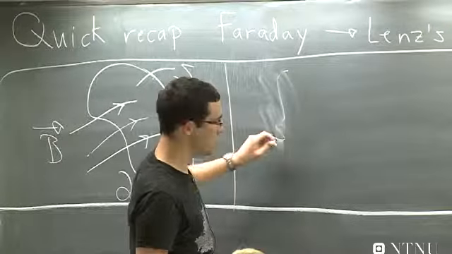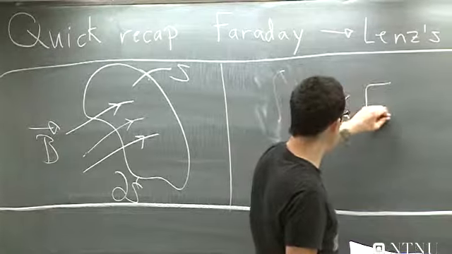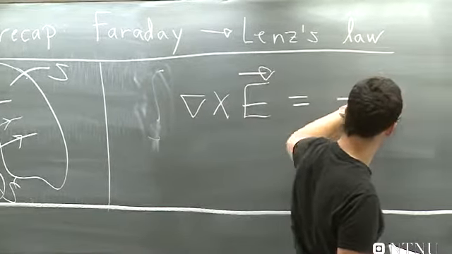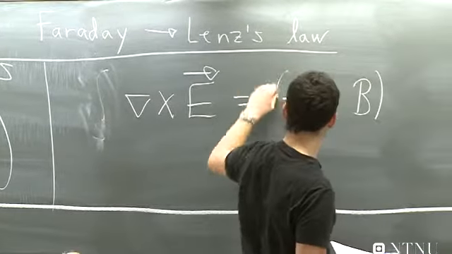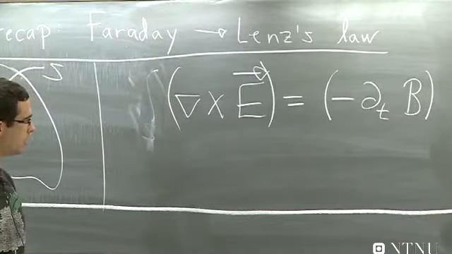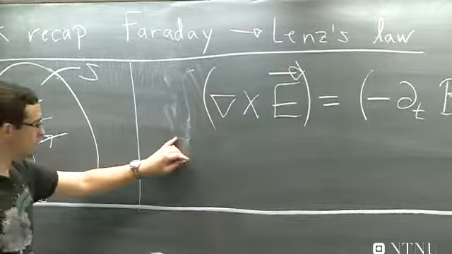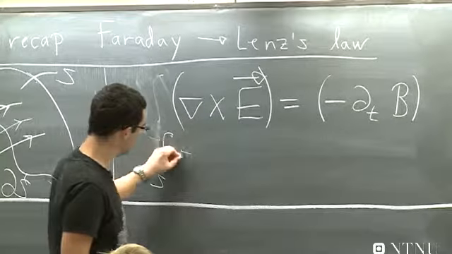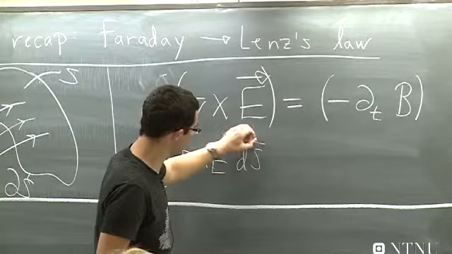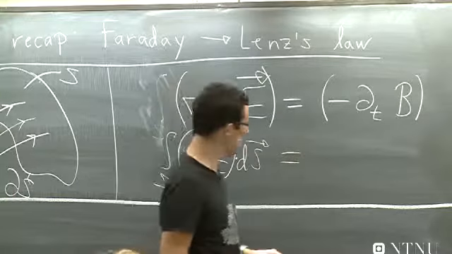So let's see. I start off by looking at Faraday's law. There you go. And now, to get some idea what's going on here, I integrate over the total surface on both sides of Faraday's law.